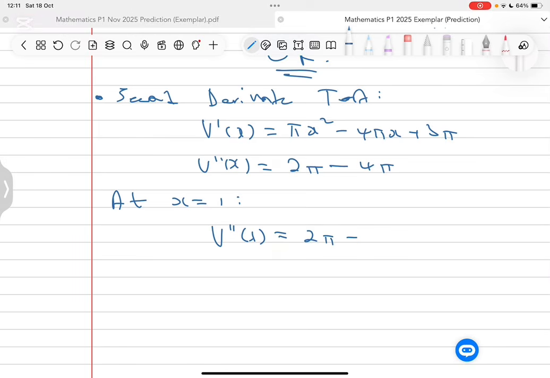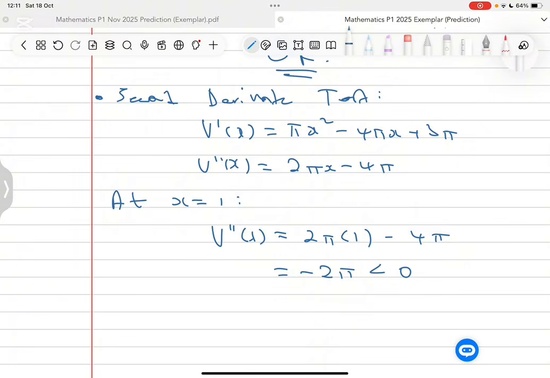Remember this is pi x here, so I made a mistake on my derivative. Let me fix that. So I'm going to have 2 pi times 1 minus 4 pi, and when we solve this, 2 pi minus 4 pi should give me a negative 2 pi.